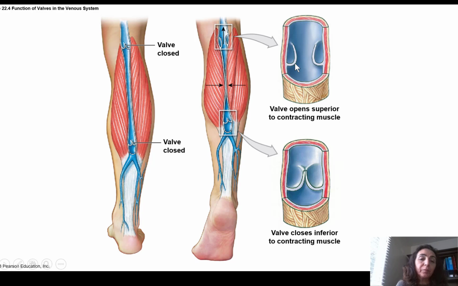So this is the other parts. So we had the valves and we have the skeletal muscle. These are two elements that are helping the movement of the blood inside of the vein so that it can go against gravity and get back toward the heart. What else do we have?